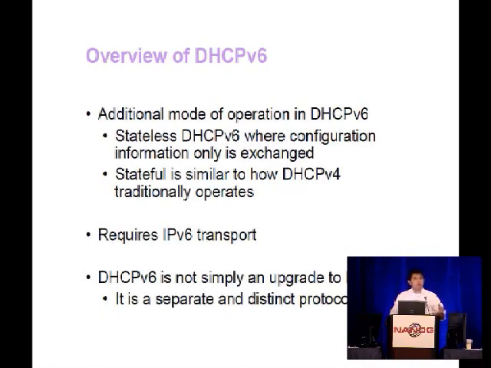A V6 address alone is simply not enough to be functional on a V6 network. So in this case, stateless DHCPv6 would be used to acquire things like your DNS server IPv6 addresses, something that would prove to be quite useful if you ever want to surf the internet, for example. So for DHCPv6, we obviously require V6 transport, and as I mentioned earlier, it is simply not an upgrade to DHCPv4. It is very much a different protocol.